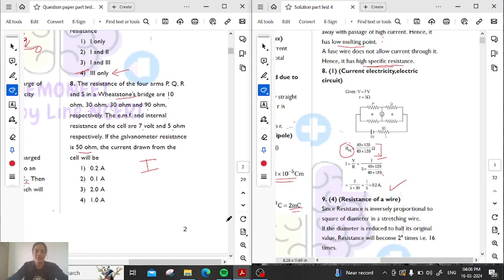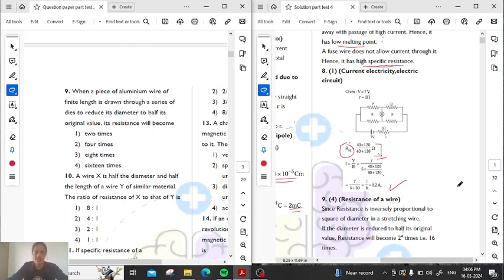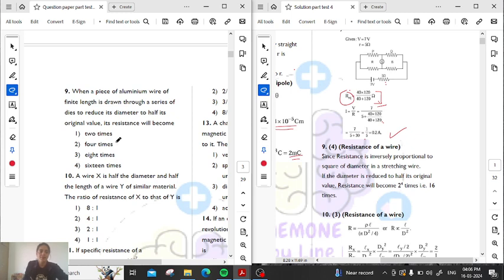Fine. So let's move to the next question, which is this. It states: when a piece of aluminium wire of finite length is drawn through a series of dies to reduce its diameter to half its original value, what will the resistance become?